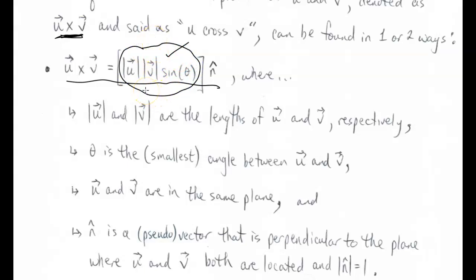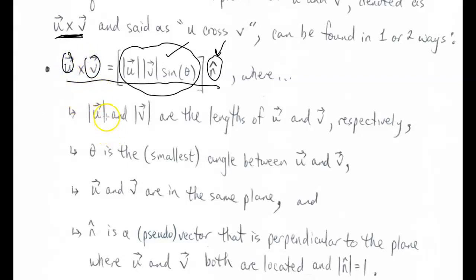Go back to video number one if you don't know what I mean by a pseudo vector. And then that's multiplied times some normal vector. What this vector is going to be is a unit vector, or a vector that describes the direction of u cross v, and it's going to be perpendicular to the plane that both u and v are in.